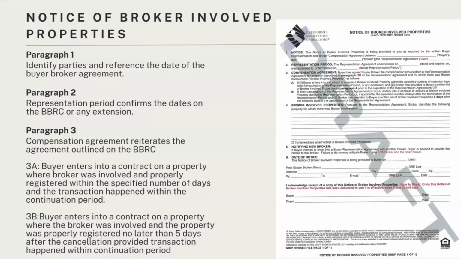Paragraph 3B, buyer enters into a contract on a property where the broker was involved and the property was properly registered no later than 5 days after the cancellation. So that's the distinction between expiration is 3A and then cancellation is 3B, either with the broker canceling or the buyer canceling.